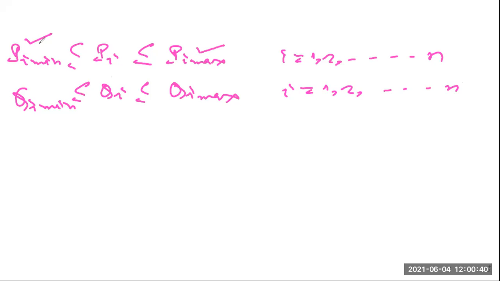So I told you why this minimum and maximum constraint is there. I told you in the last class. If you generate more active power, that means if you are crossing this limit, Pi max, what will happen? Last class I have told you.